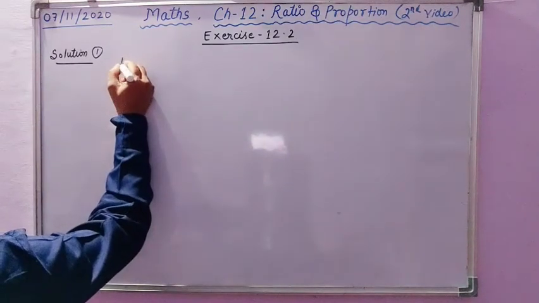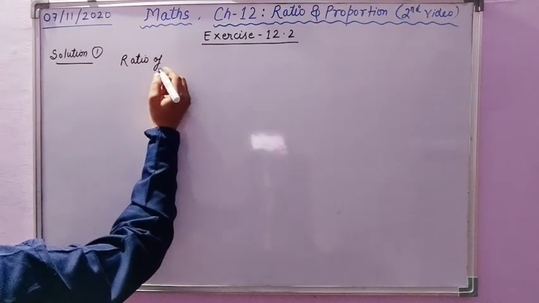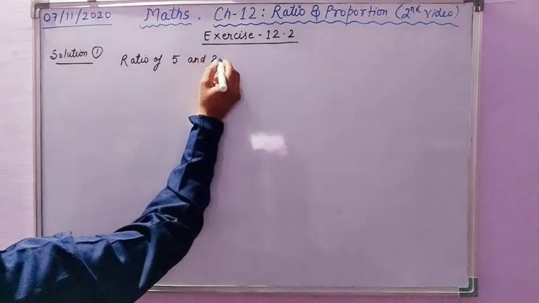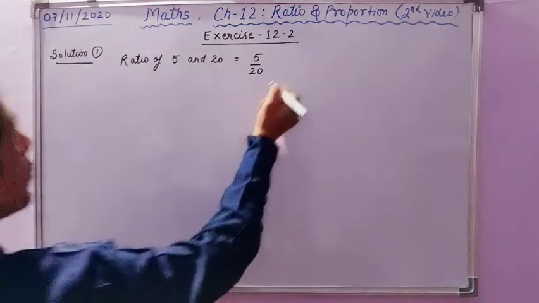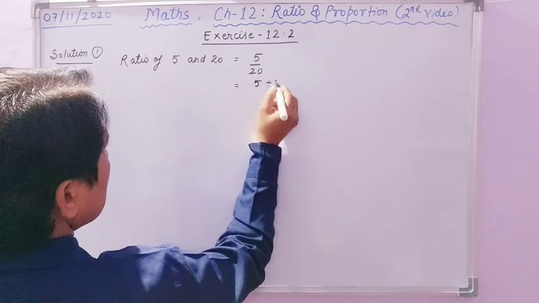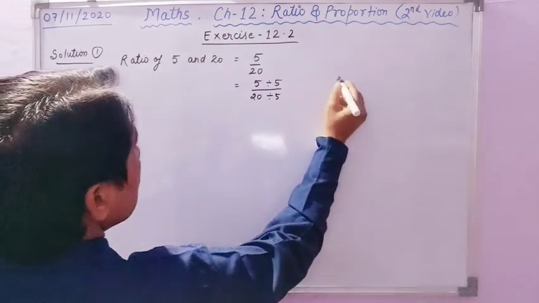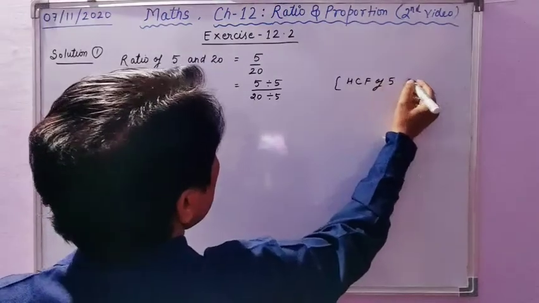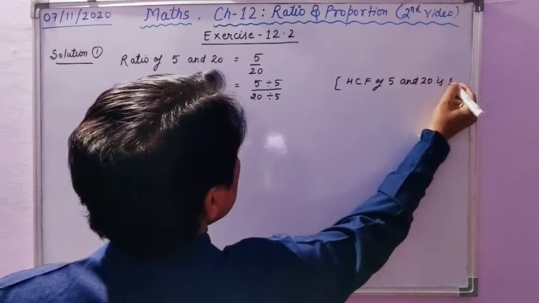So the ratio of 5 and 20. The HCF of 5 and 20 is 5.